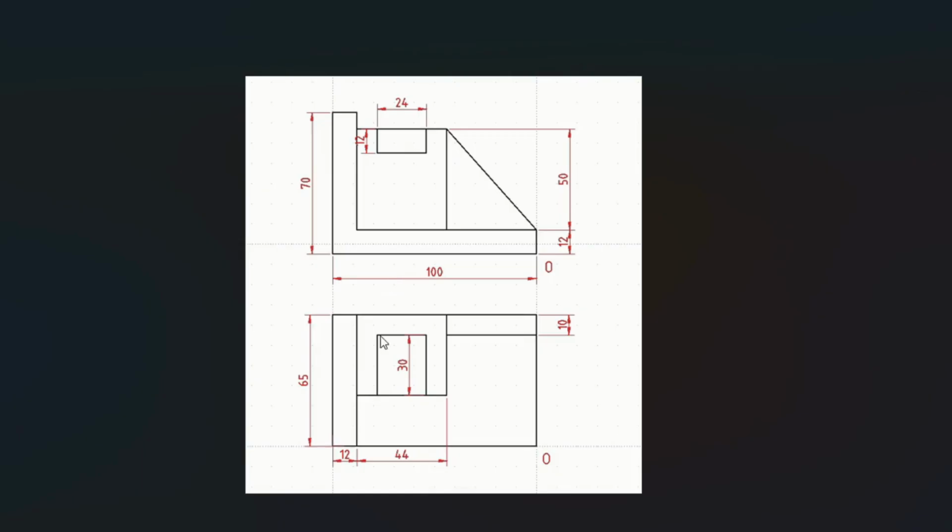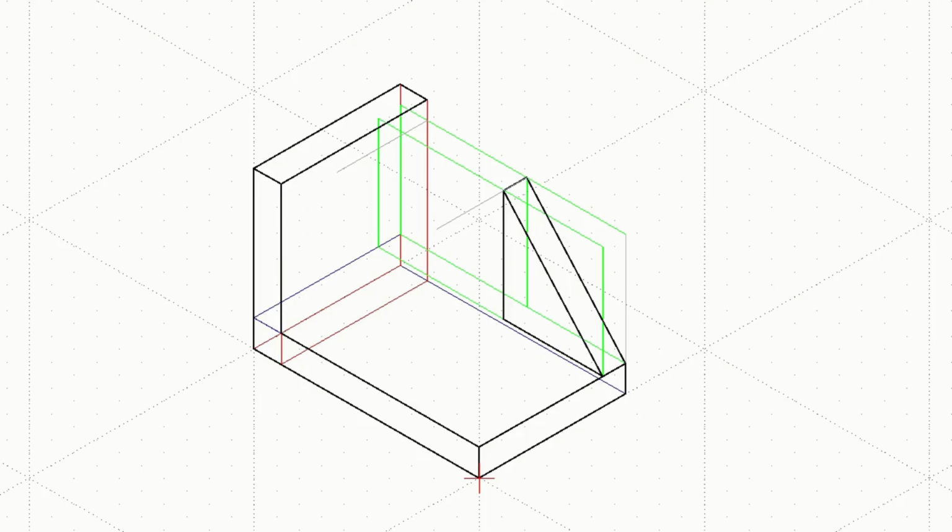Okay, so we managed to draw these lines. Now the lines connecting these two ends and these two ends would give us the boundary of this surface. So let's draw that, and then we'll construct the further details in it. Okay, so this is the rectangle that we have.